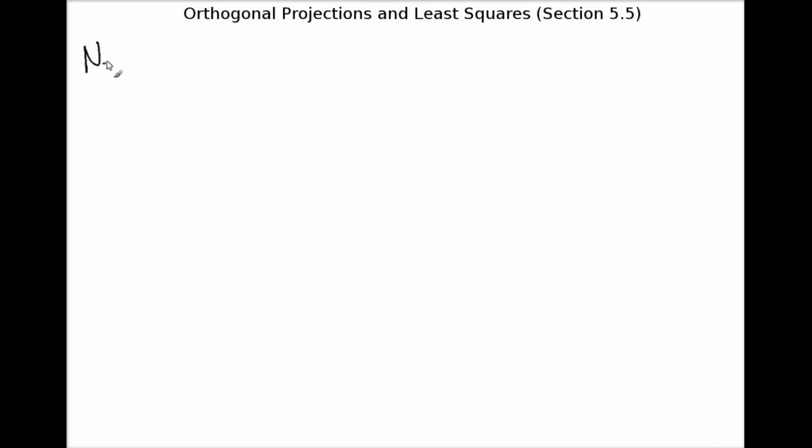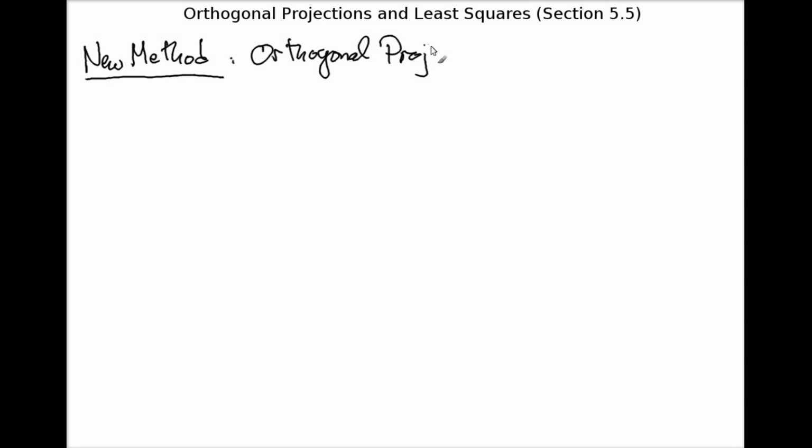Let's move on to the new method of doing these kinds of calculations, and that's using what's called orthogonal projection. So what is that? Well, the setting is a vector space V with an inner product and a subspace and a vector.